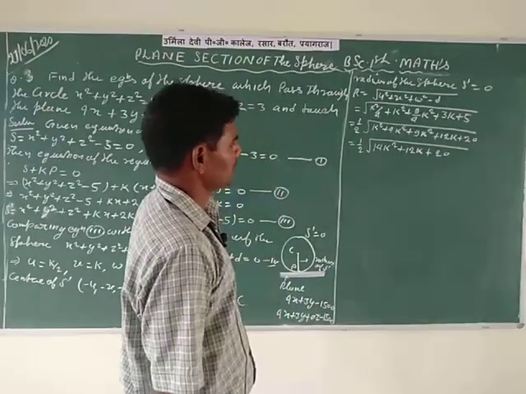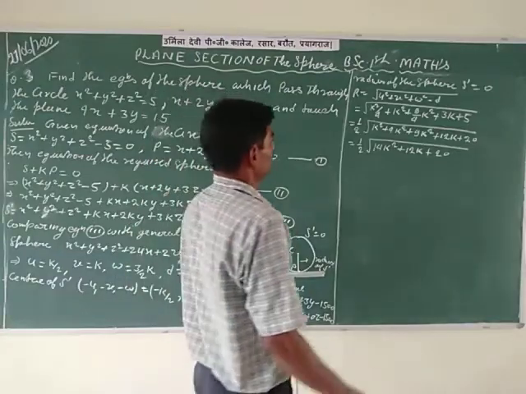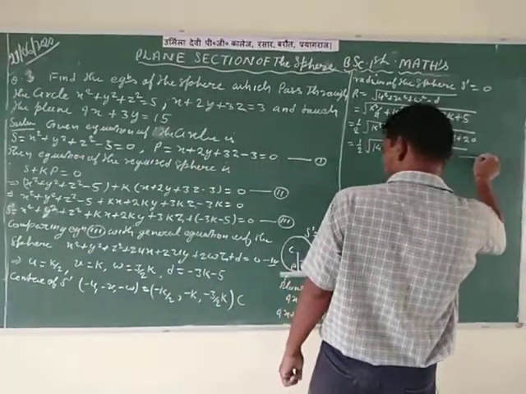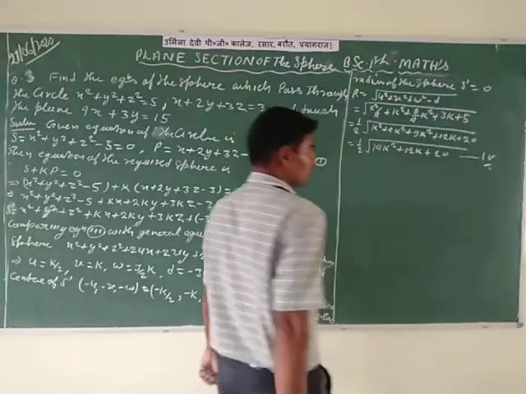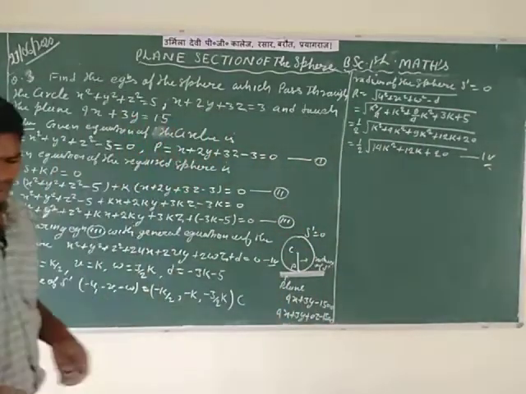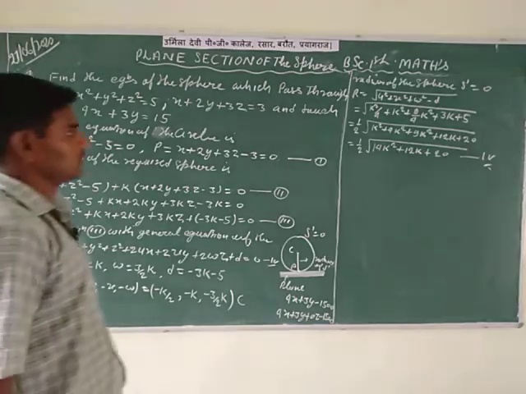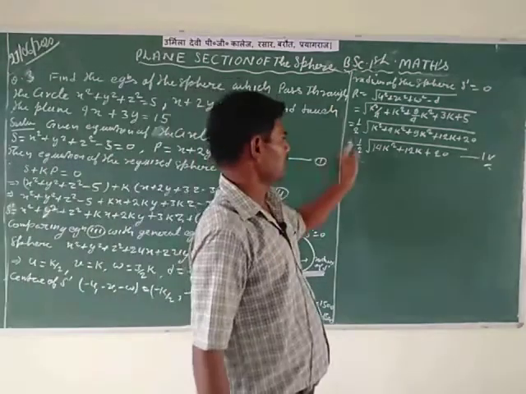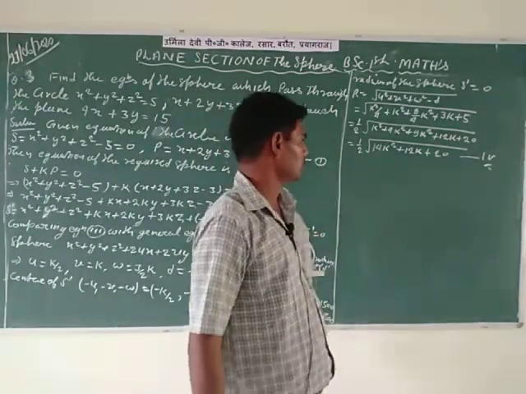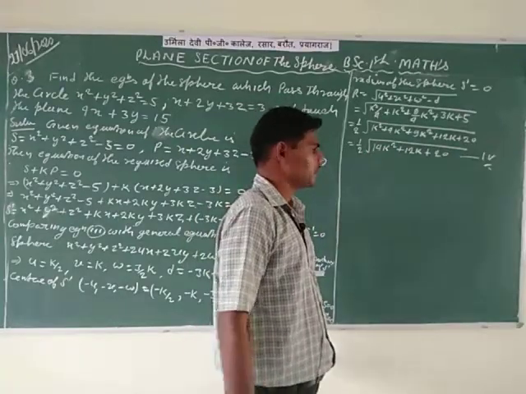This is the value of the radius represented by equation 4. So in equation 4, the radius of the sphere S dash is R equal to 1/2 times under root of 14k square plus 12k plus 20.